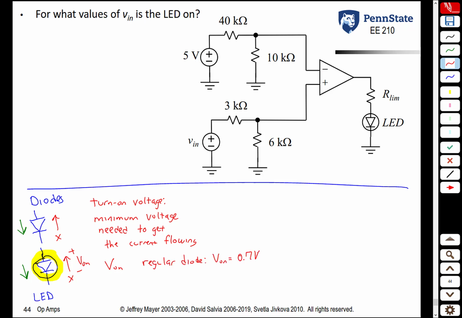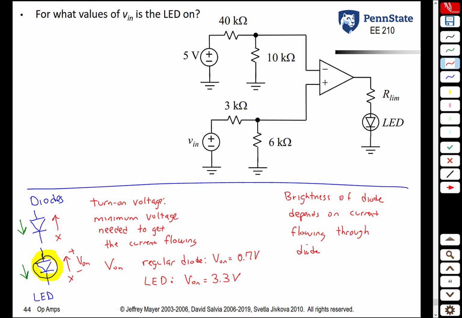For an LED, the turn-on voltage is typically somewhere in the 3 to 4 volt range. In our lab, in fact, 3.3 volts is the turn-on voltage. One final comment about diodes is that the brightness of the diode depends upon the current flowing through it. The more current, the brighter the LED. That also means the quicker it's going to burn out.